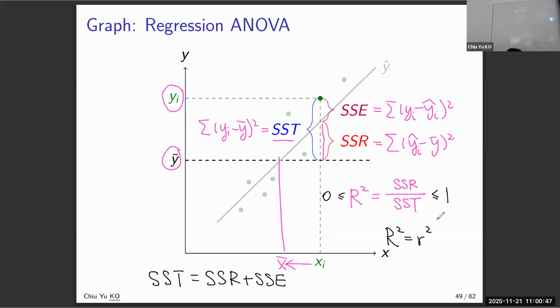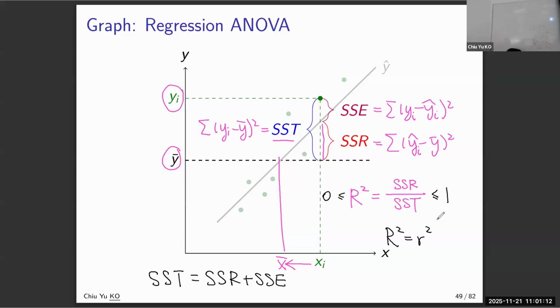So that is R square. One thing, when we talk about ANOVA, then you should expect some F test to be seen, right? Did I mention that when SSR is close to 0, then you expect the line is actually flat, right?